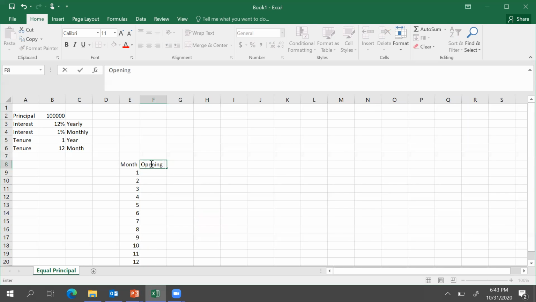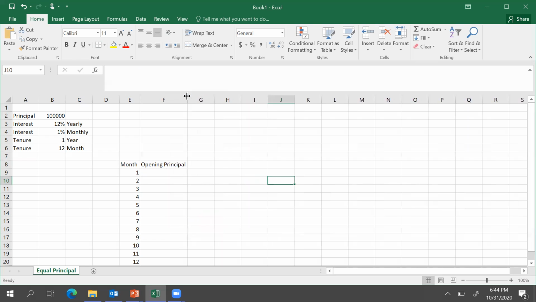This is the column for opening principal, meaning before the loan repayment, or we can say at the start of the month, what is the outstanding principal. So here we can take this 100,000. Okay, and what is the installment that we are paying? What is the installment that is being paid to the bank?